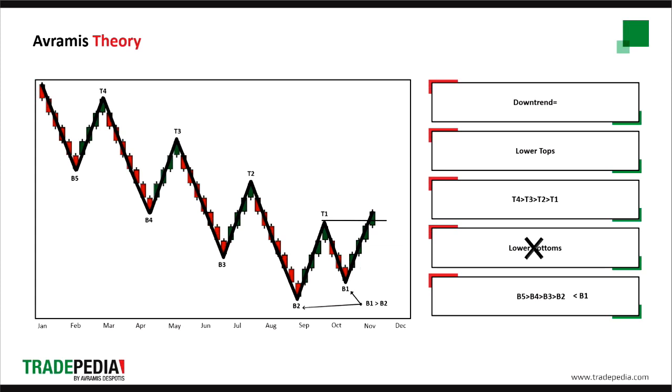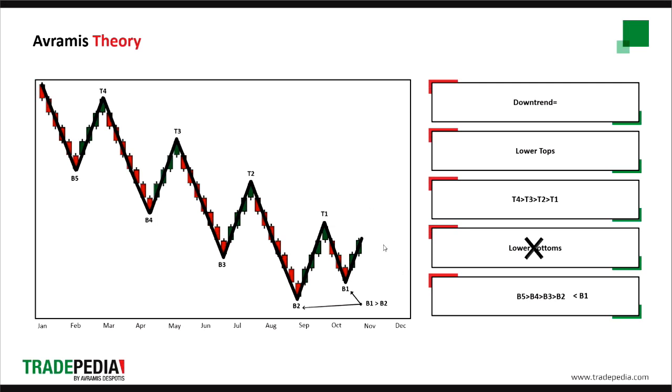And this is the moment that I assume a new trend is in place. This is where I assume that a new phase is beginning. The break above the previous top, because the break above the previous top will destroy the sequence of lower tops. I will no longer have lower bottoms and I will no longer have lower tops.